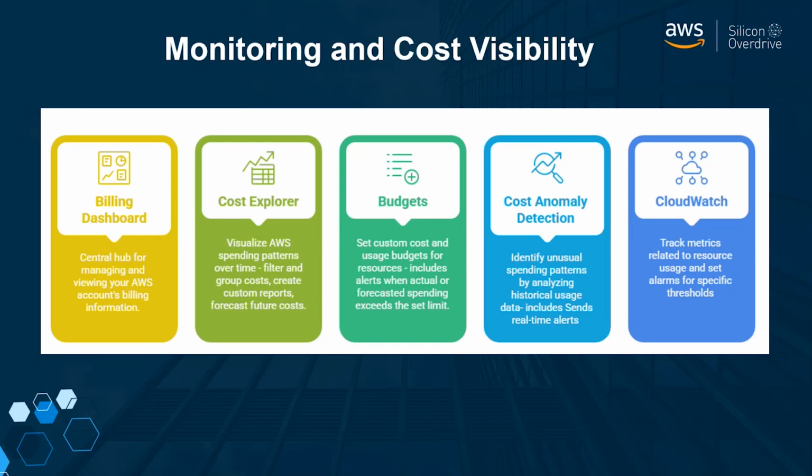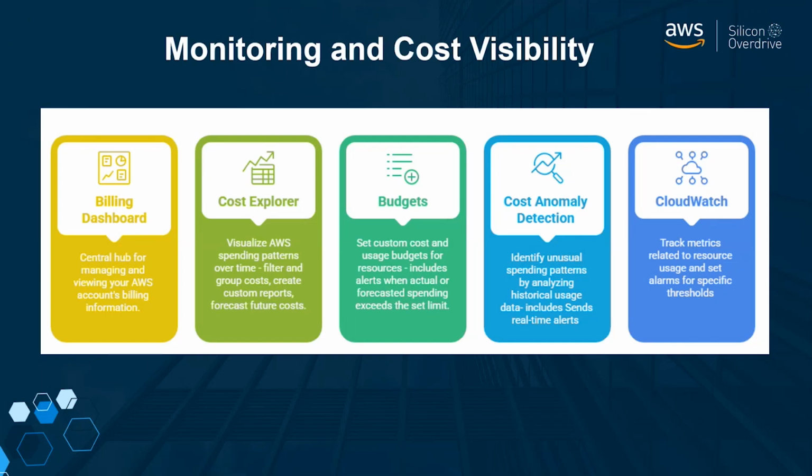Then we also have what we call Cost Anomaly Detection. This is more of an ML-based model that tracks your spending patterns over a period of time. I think it usually collects data, if I'm not wrong, from around the past 90 days, and then uses your spend patterns to identify a cost anomaly. This is something very nice, because think about cases we've had in the past where your account gets hacked and someone launches a big instance and starts using it for Bitcoin mining.